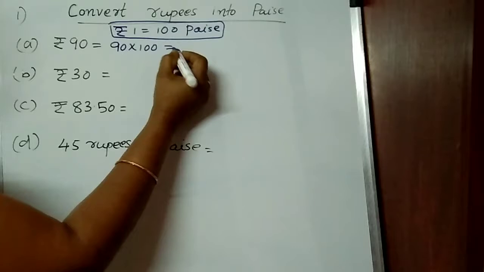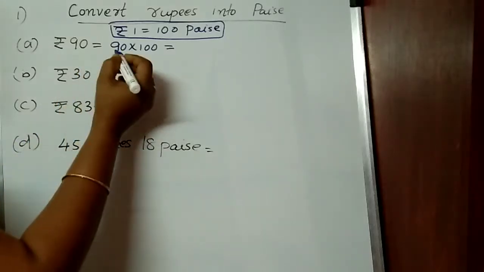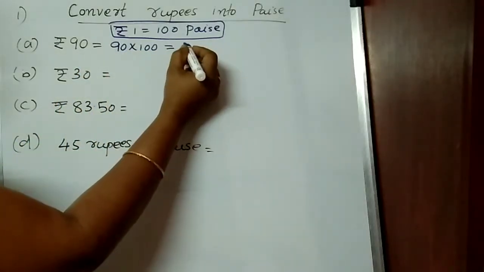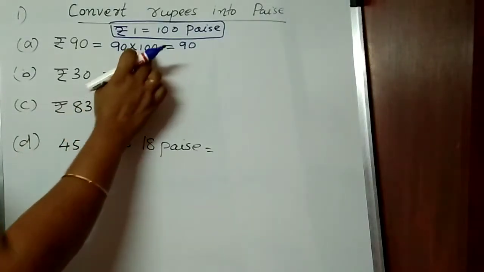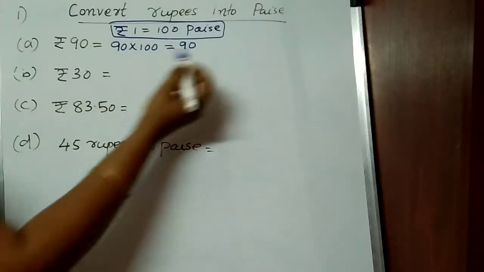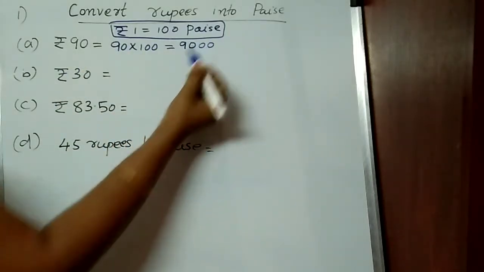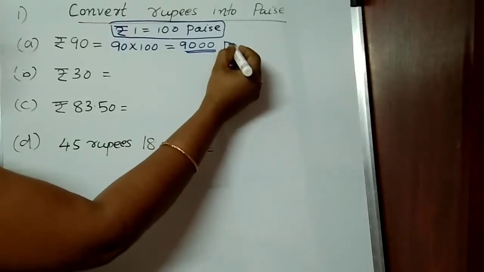Okay. Then, in multiplication by 10, 100, 1000, it is very easy. First you write the first number, no change, 90. Then you count how many zeros here? 2 zeros. Simply you put those 2 zeros. That is your answer. So, how many paise?